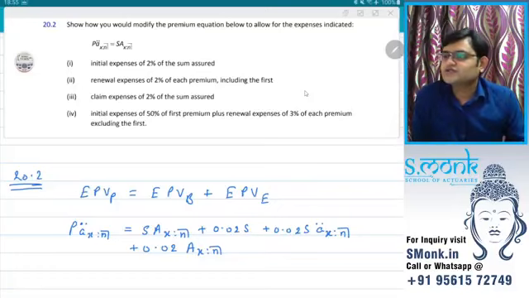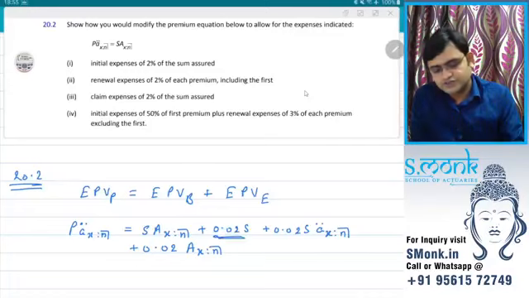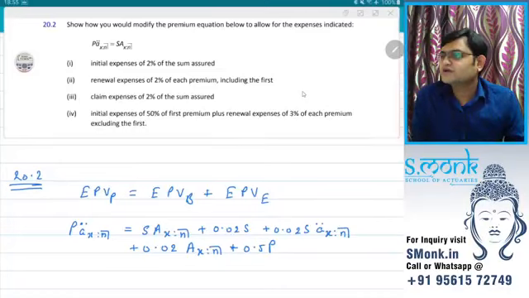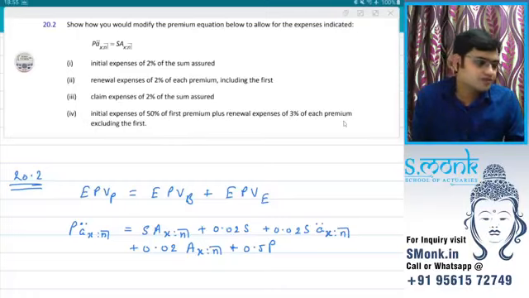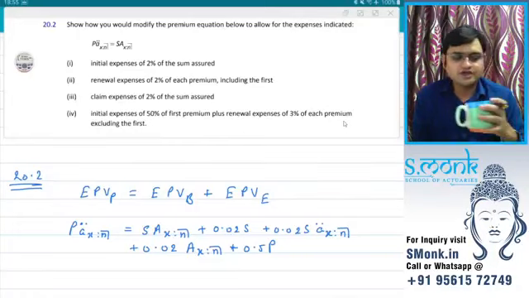Then initial expense of 50% of the first premium plus renewal expense of 3% of each premium excluding the first. So for the initial expense, we'll just say 50% of the premium, 0.5 P. Usually this is how commissions are given, written as a percentage of the premium.